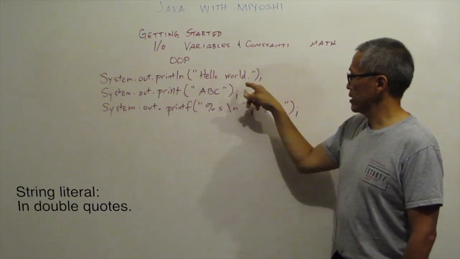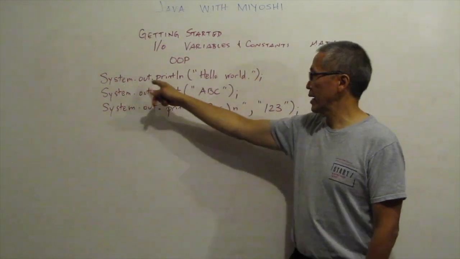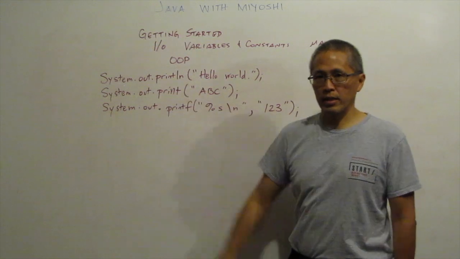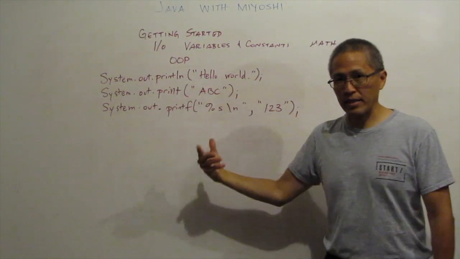That is my method that says, hey, print out a line, and at the end of that line, we're going to put a new line in there so that anything else I'm going to print is going to come out on the next line.